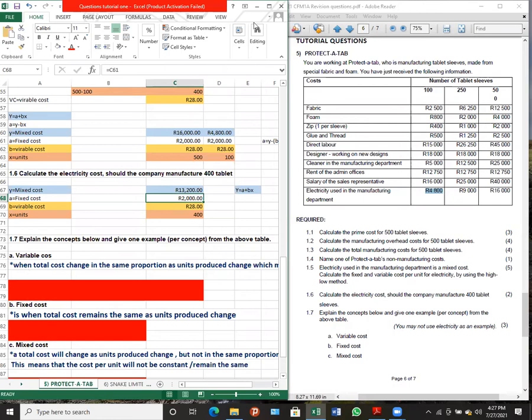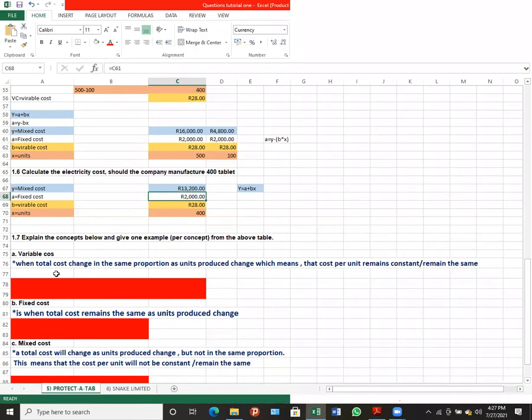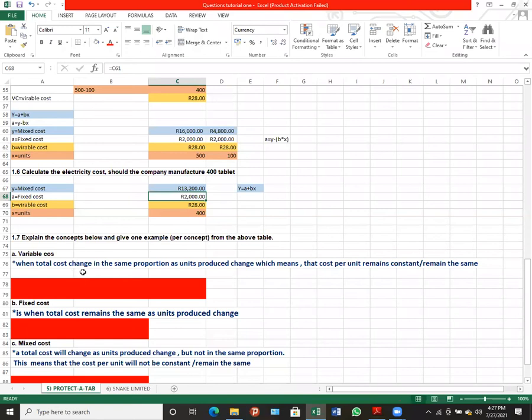The definition: variable cost is when the total cost changes in the same proportion as units produced change, which means that the cost per unit remains the same, remains constant, even if the level of units produced changes, even if the total cost changes. But the cost per unit remains the same.